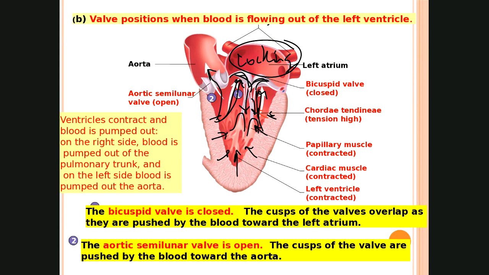The semilunar valves have no chordae tendineae, so the pressure is going to open them, and blood is going to be rushed out into the aorta or the pulmonary trunk, depending on which side of the ventricle you're looking at. So this is showing you that during ventricular contraction, as blood is being pumped out through the arteries, aorta or pulmonary trunk, the semilunar valves will be open while the AV valves will be closed.